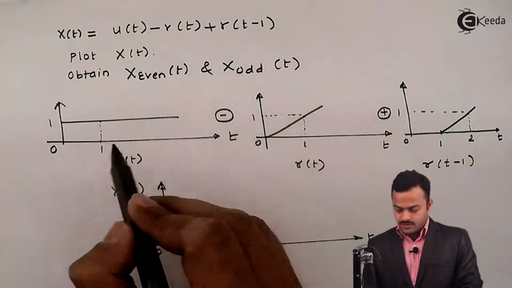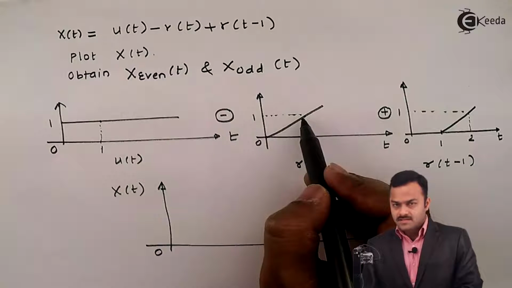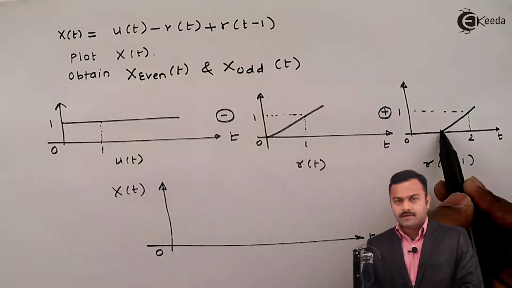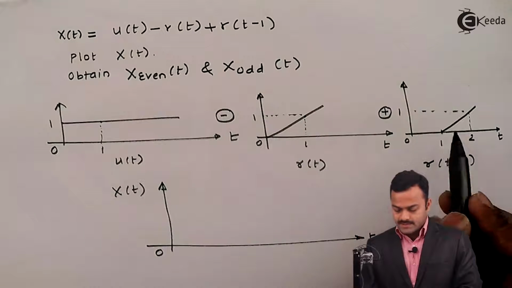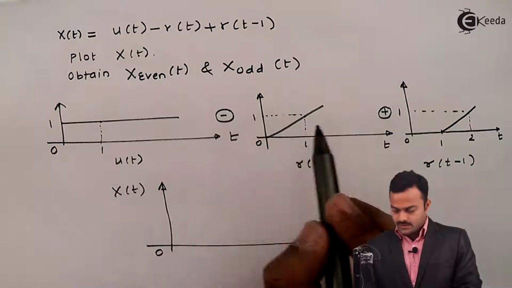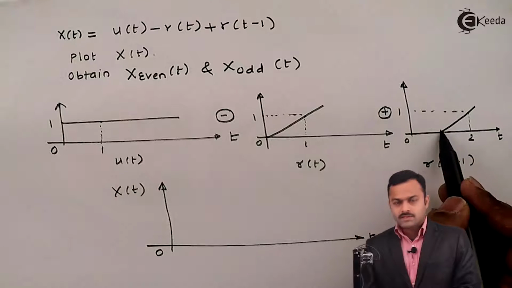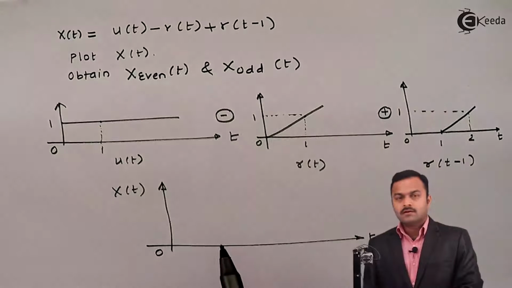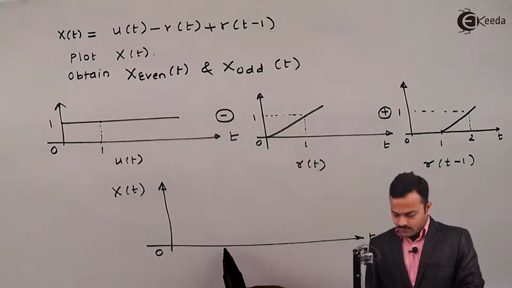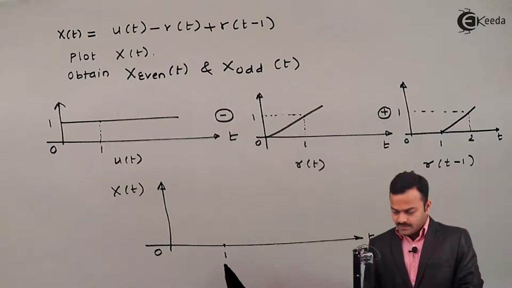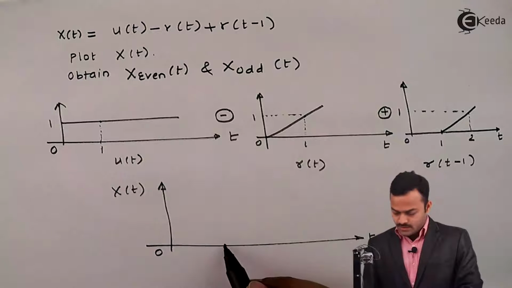If you subtract 1 minus 1, it becomes 0, and this shifted ramp will have the value 0 at t equal to 1. So 1 minus 1 plus 0 will give you the answer 0. So at t equal to 1, we get this. It has to be a 0.